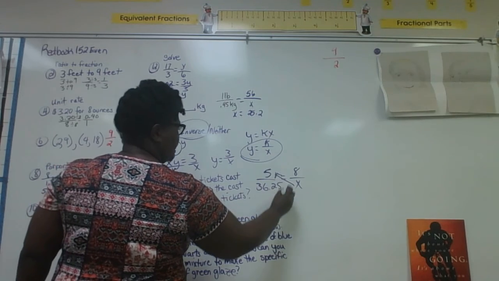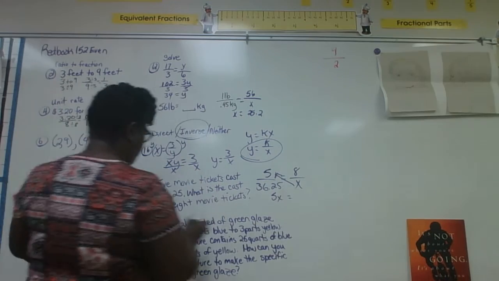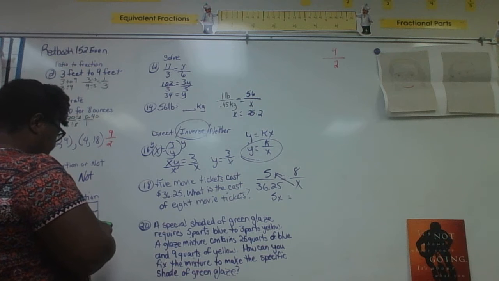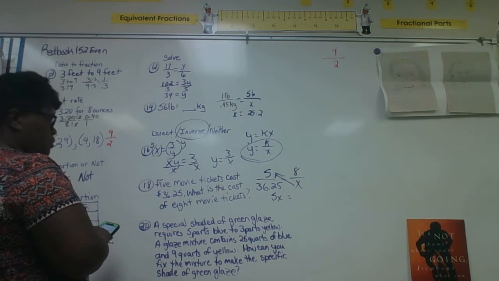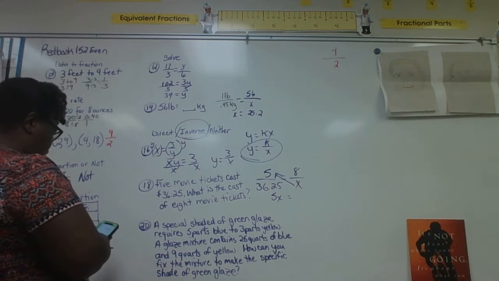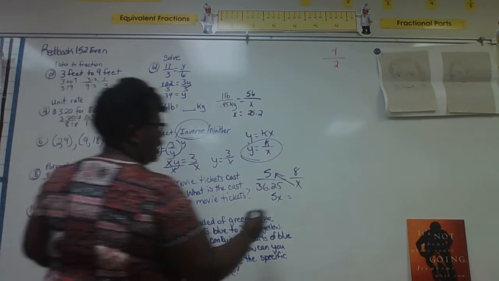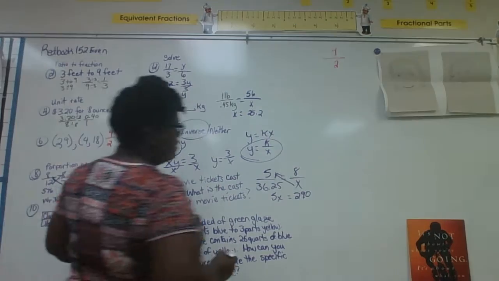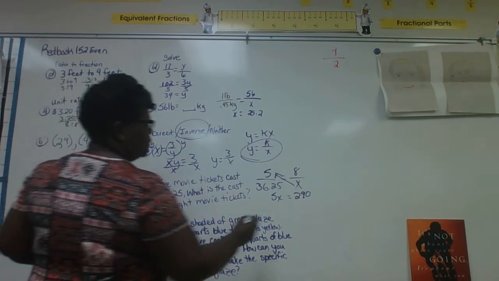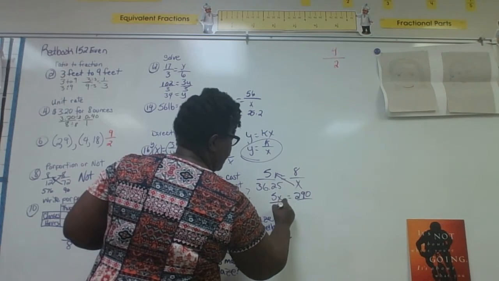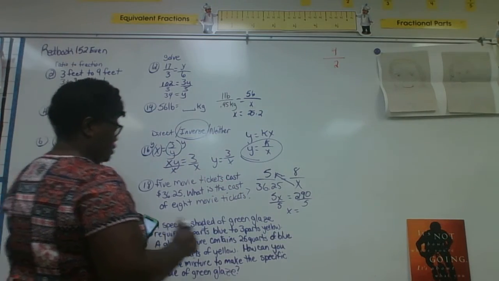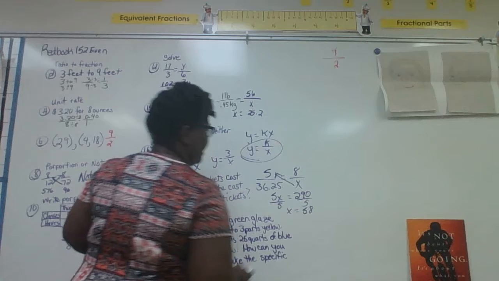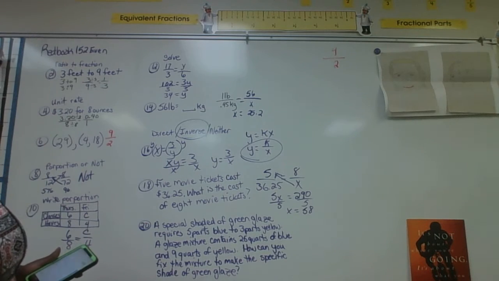When we cross multiply here, we have 5x is equal to, let's take 8 times $36.25. We have 290. Now we need to isolate x by dividing both sides by 5, and x is equal to 58. So 8 tickets will be $58.